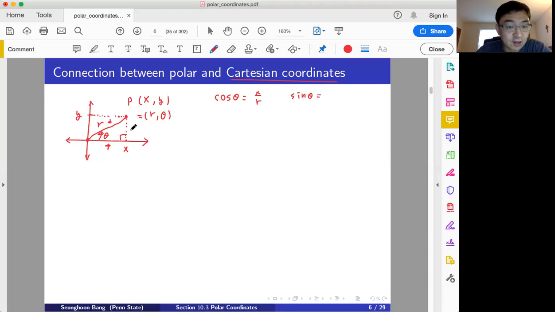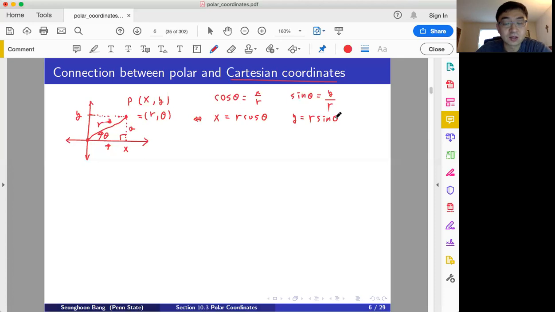Yeah, y over r, opposite over hypotenuse. So next, I want to multiply both sides by r. X equals r times cosine theta, and y equals r times sine theta.